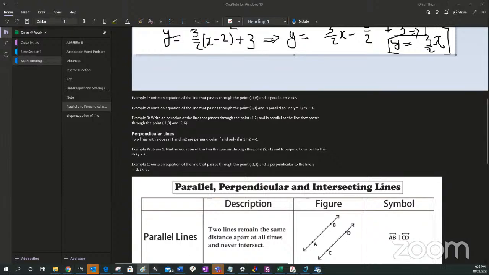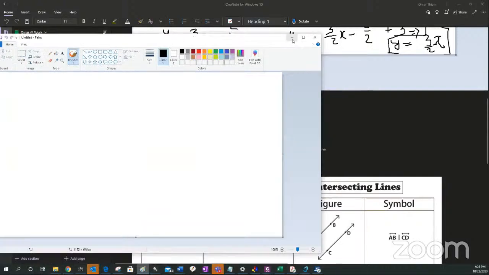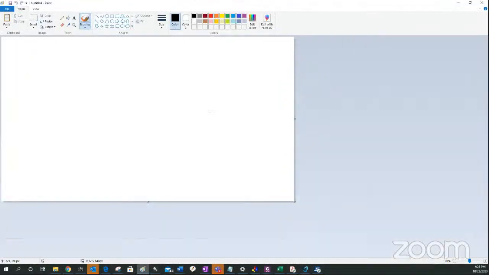Okay. So what I first did was I drew a graph, and I created the x and the y axis, and then I created the points like 1, 2, 3, 4, 5, 6, and -3 in the graph.